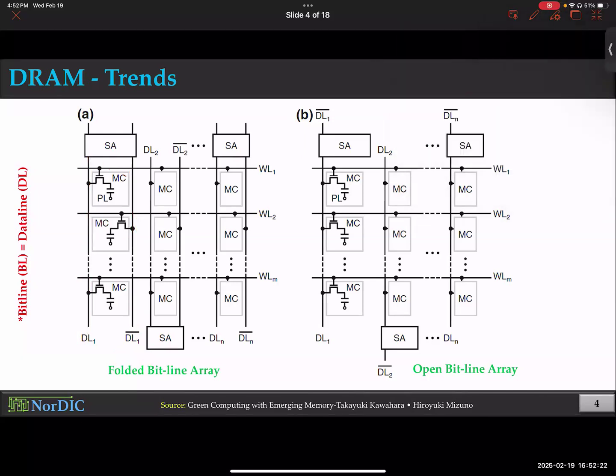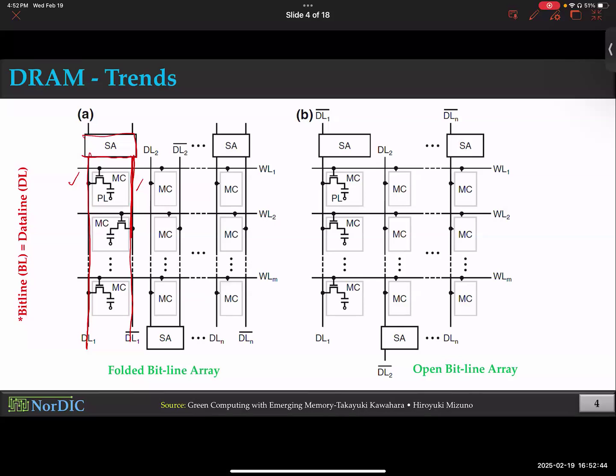So the neighboring cells in the same column are connected to different bitlines, one to the left bitline, the other to the right bitline. By the way, when you sense, you provide these two bitlines to one sense amplifier, because one of the bitlines acts as reference for the other one.